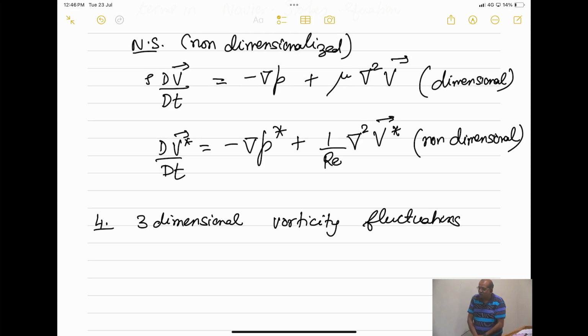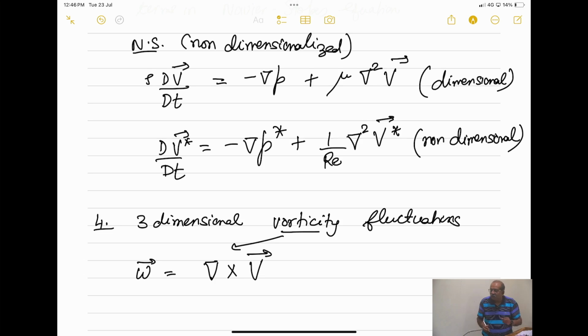You have not seen a fluids course, but others, do you know the meaning of vorticity? Curl of the velocity. So this vorticity, if I use omega for this, is given as del cross V. And physically what it tells you is about the axis, how fast is the particle spinning.